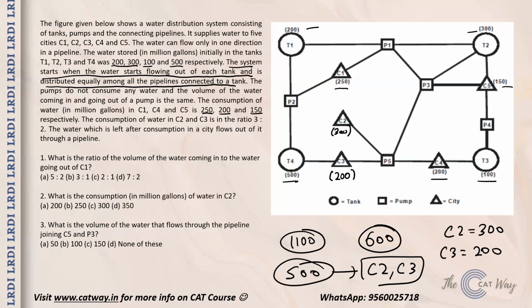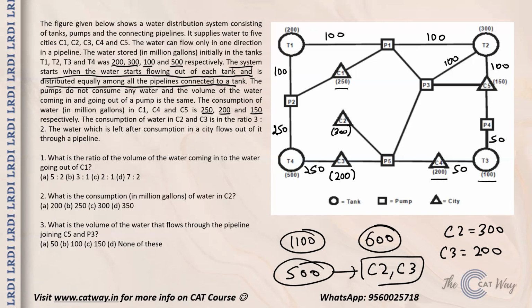That means T1 has 200 and there are two pipelines connected, so in both the flow of water will be 100 and 100. Similarly, for the 500 of tank 4, it will be 250 and 250. For T3, it is 100, so it will be 50 and 50 in both the pipelines. And for T2, it is 300, so it will be 100, 100 and 100 in each of them.